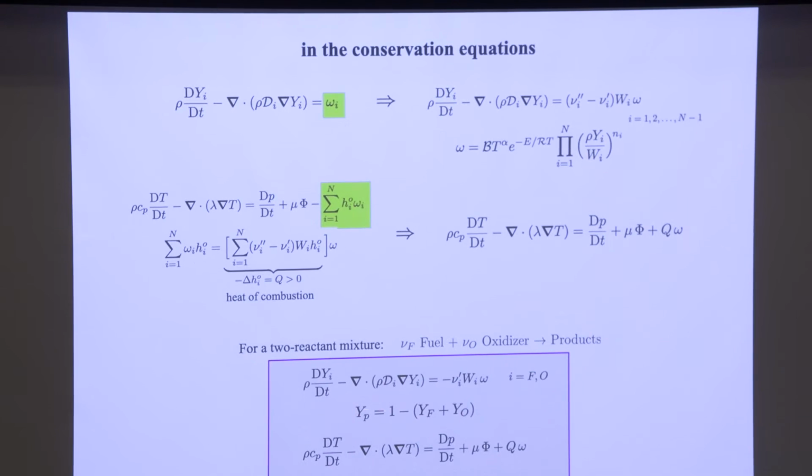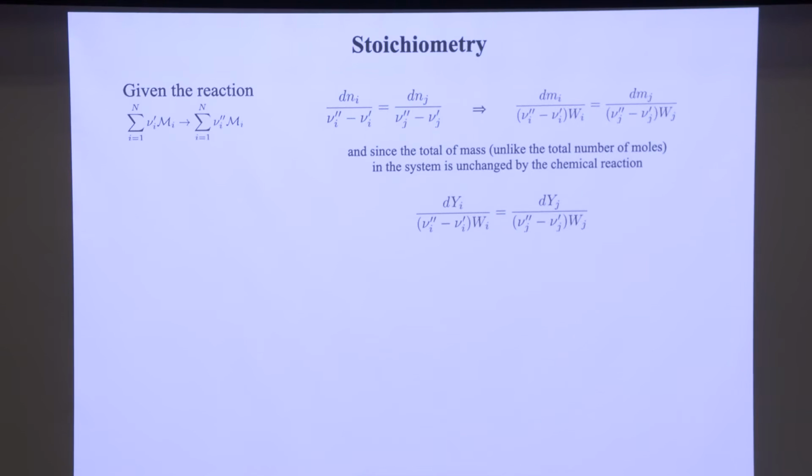The product is obtained from this relation, the energy equation and the concentration, the reaction rate with the NF and NO in general. Okay, so now just a few comments about stoichiometry, and then I'm going to take a break.